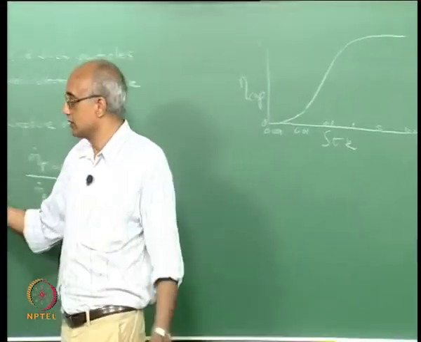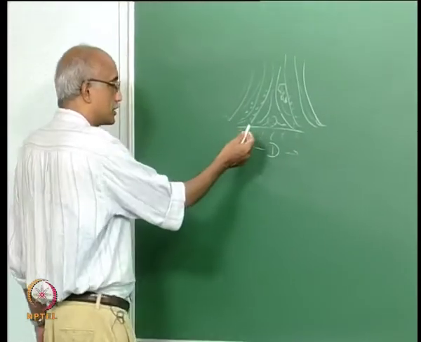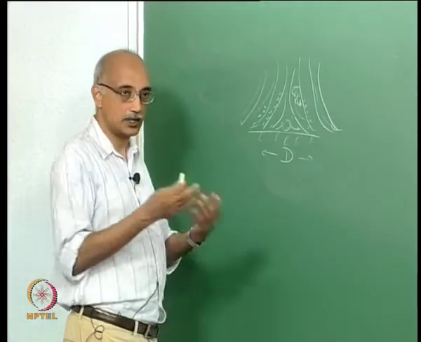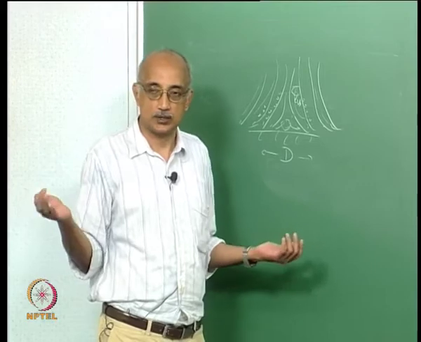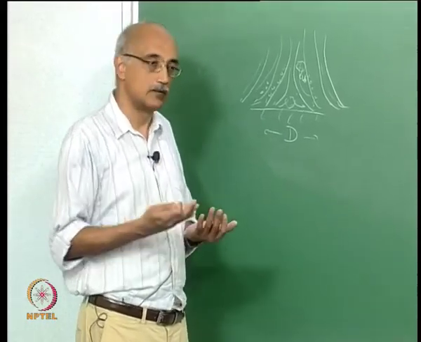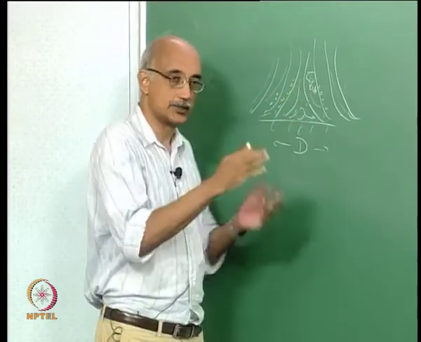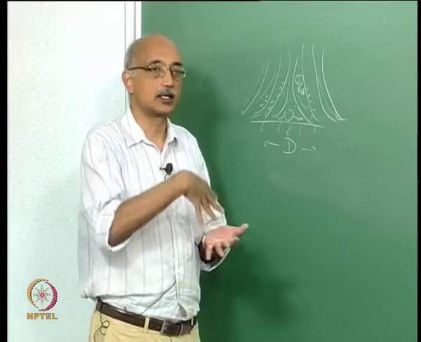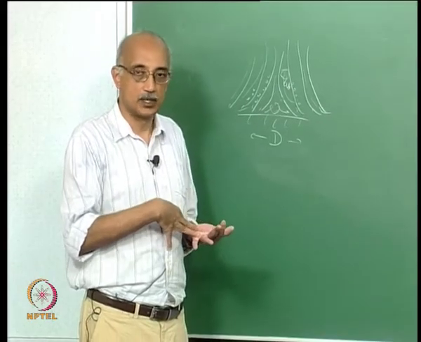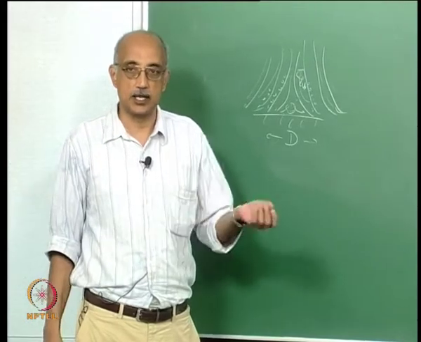Now again, going back to this figure, it's easy to understand why. When you have small Stokes numbers, basically what it means is particles are following fluid flow. So the probability of them getting captured on the surface is low. When the Stokes numbers are high, many of these particles are detaching themselves from the flow streamlines and directly approaching the surface, and therefore the probability that they will stick to the surface is high.